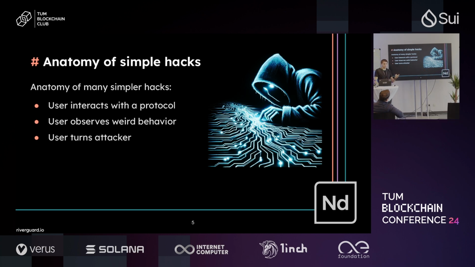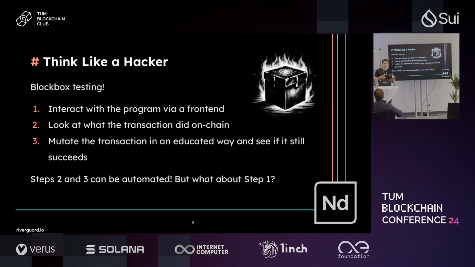So now we went into this position and thought like an attacker. How can we behave like the attacker does in the recent hacks? So it's black box testing. We don't have any source code, we don't have access to anything, we just have access to the deployed contract and the user interface, for example, that the hacker would also use.